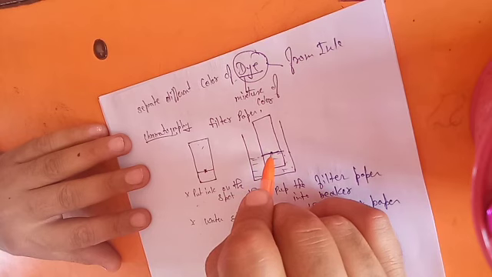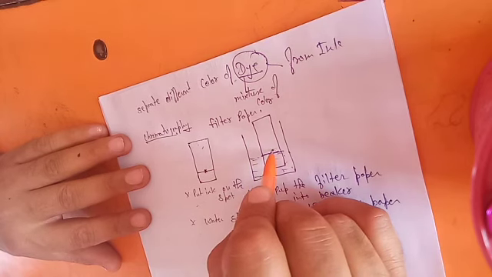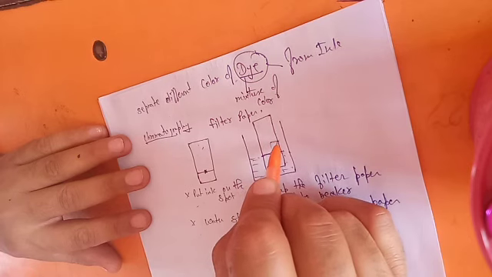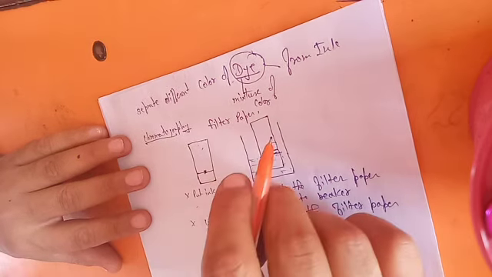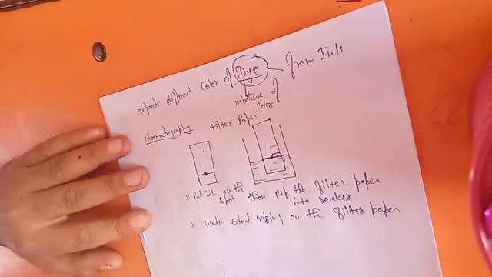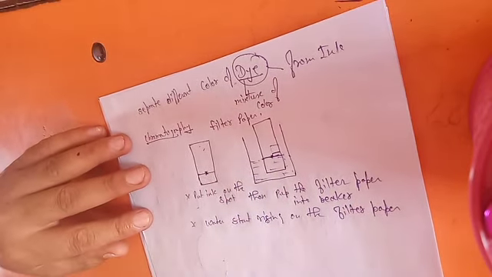Meaning to say, the color which is less soluble will rise less, and the color which is more soluble will rise more. So this will give you the composition of the colors inside the ink.